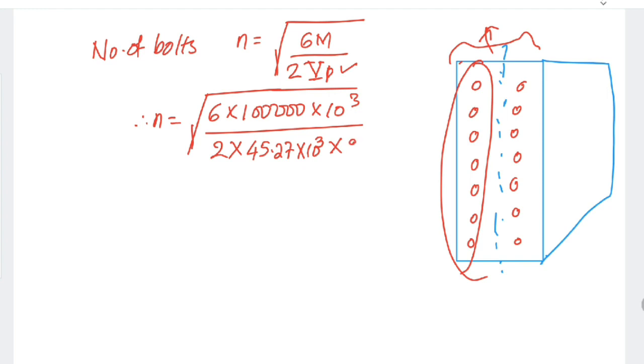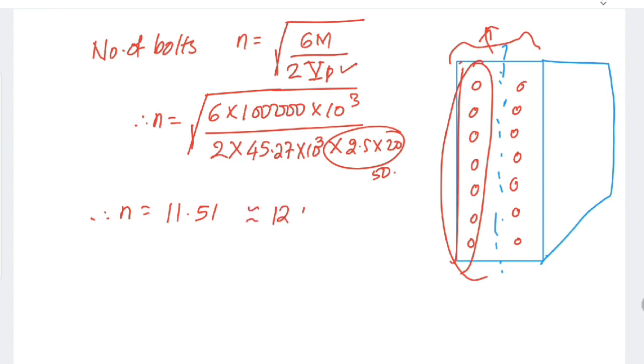Small p is how much? 2.5 into 20, it is nothing but 50 mm. So when you calculate, n will be equal to 11.51. So in one row, you need to provide 12 numbers of bolts in one row.